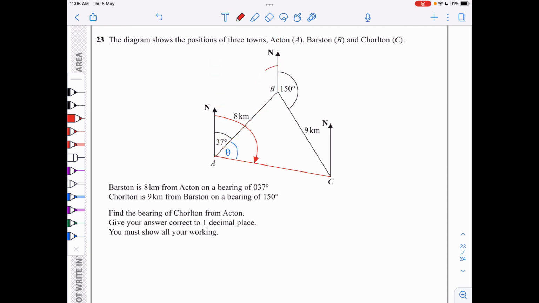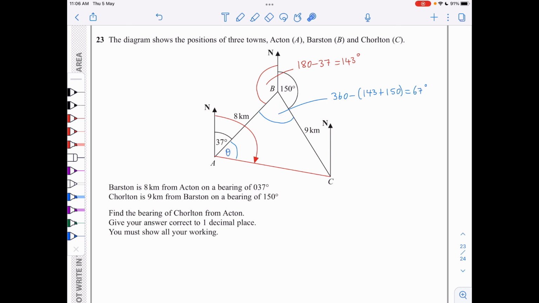So this here is 180 minus 37, which is equal to 143 degrees. Which means I can use angles at a point and find this one here, which is 360 minus the 143 and the 150, which gives an answer of 67 degrees. So we've got the angle here. I'm trying to find this one here.